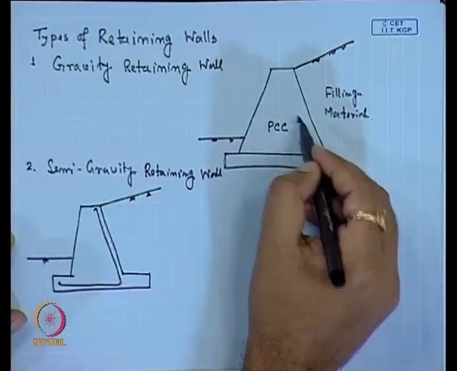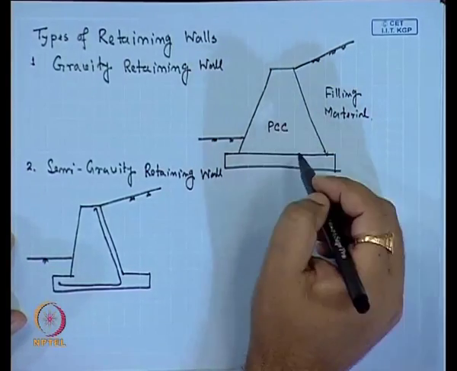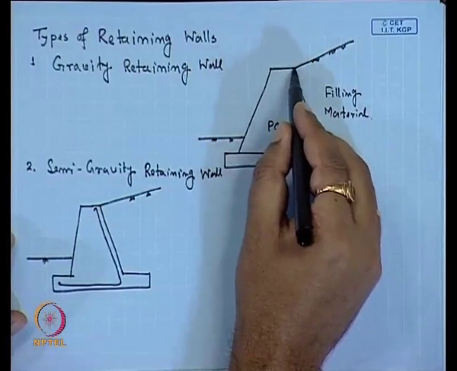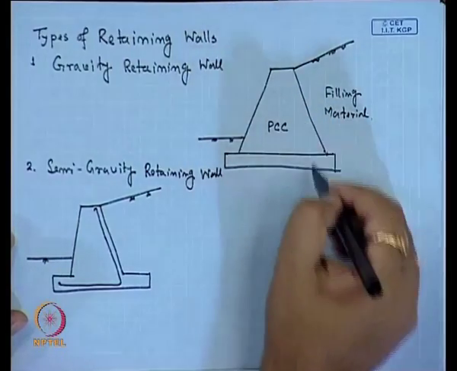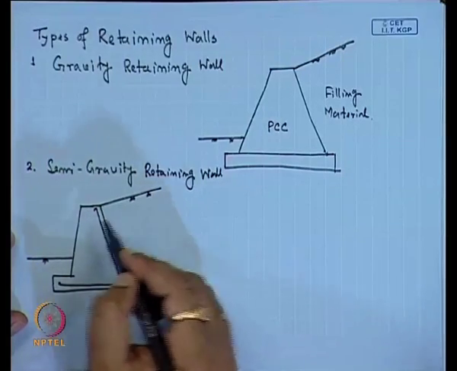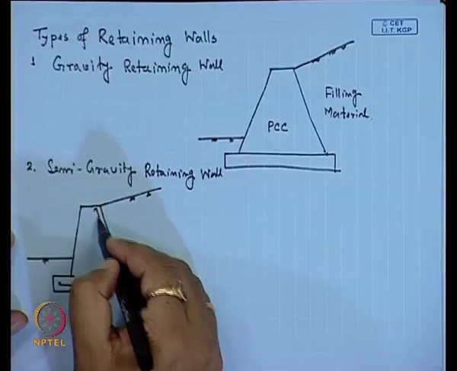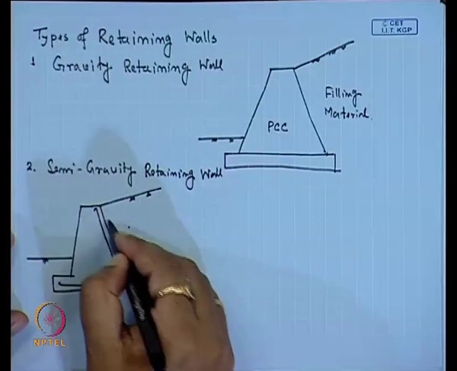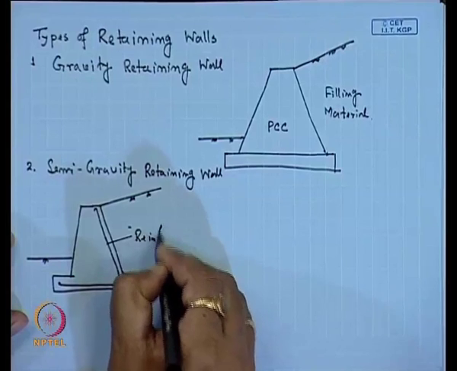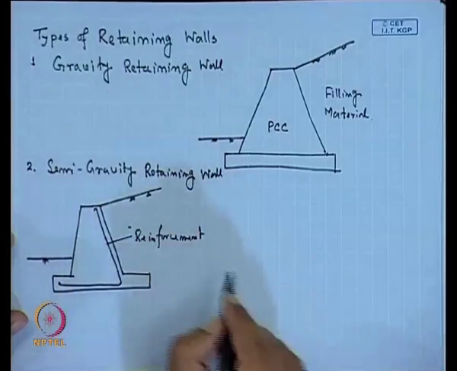In the gravity retaining wall, most of the stability is given by the weight of the retaining wall, and reinforcement is not used. That is why we have to use a very huge size of retaining wall. But in the semi gravity retaining wall, the size is slightly reduced by providing a small amount of reinforcement in the face of this retaining wall. So, this is the reinforcement that is used, and this is the filling material on this side.